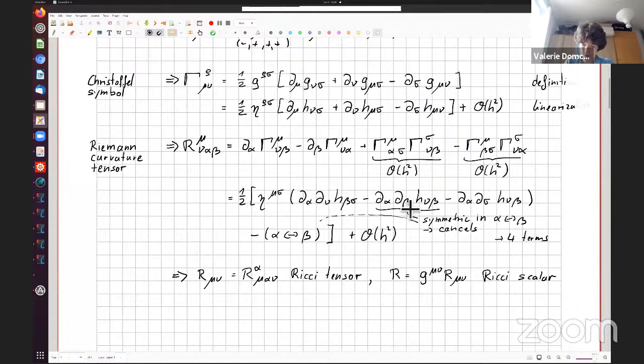Then I have these three terms, and again the same terms where I switch alpha and beta. Because of the minus sign, all the terms that are symmetric in alpha and beta will cancel. So this term will essentially disappear at the end of the day. We will have this term, and then the same two terms again, where we've switched alpha and beta. So four terms in total.